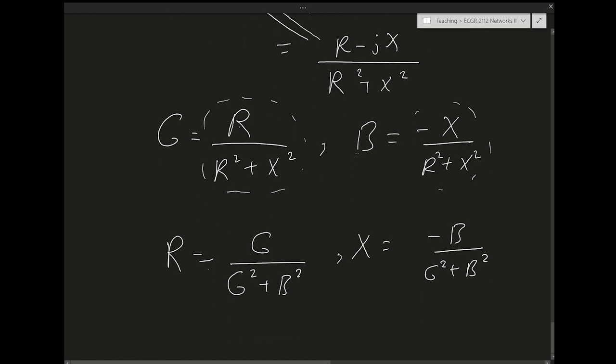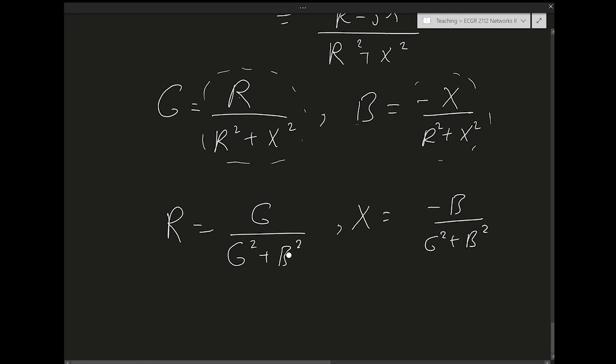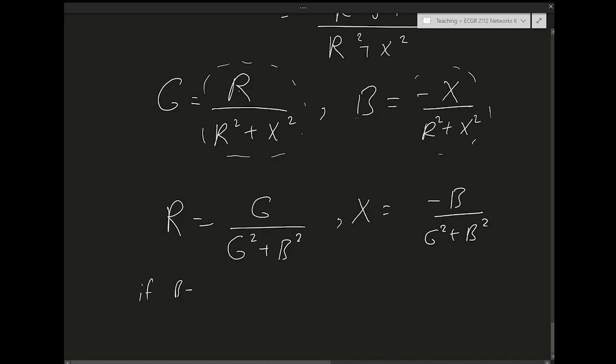So in general, the inverse of the conductance is not the resistance unless B equals 0. If B equals 0, then I end up with G over G squared, 1 over G, so the inverse of the conductance is the resistance.